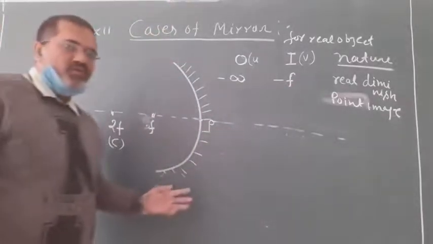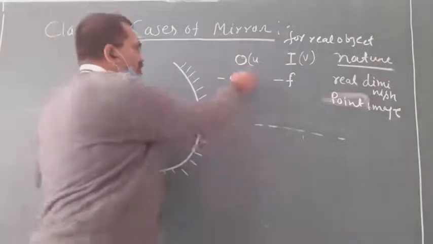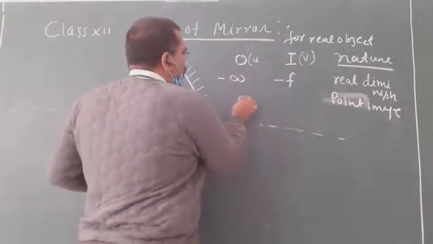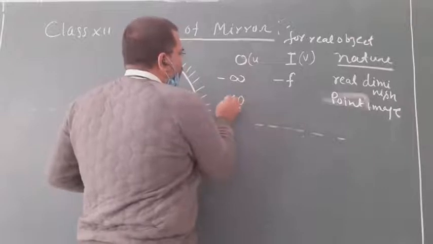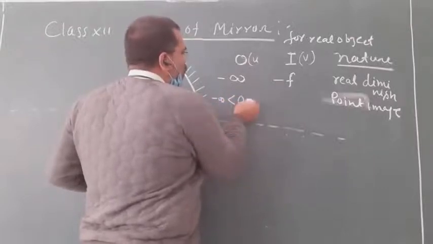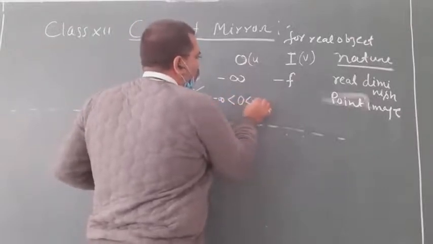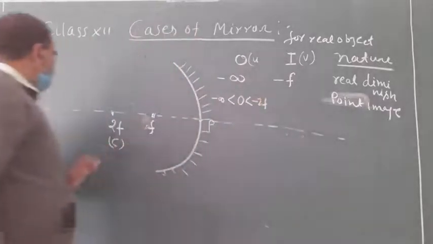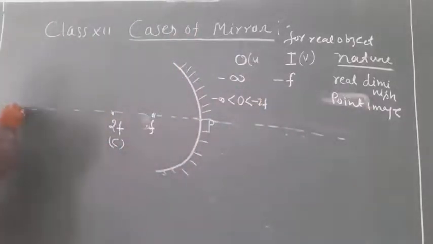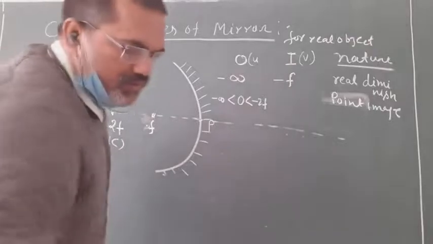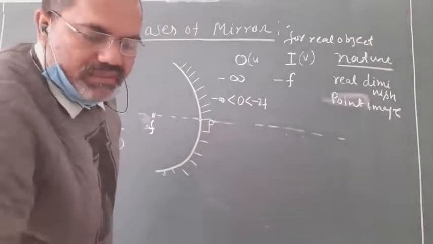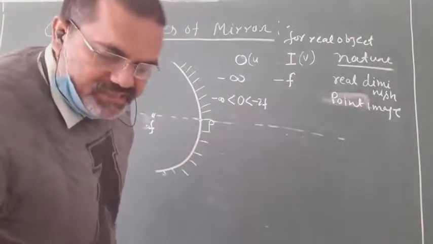Now we move on. When object moves from minus infinity to 2f, this is the first diagram. I'll take another chalk for image.